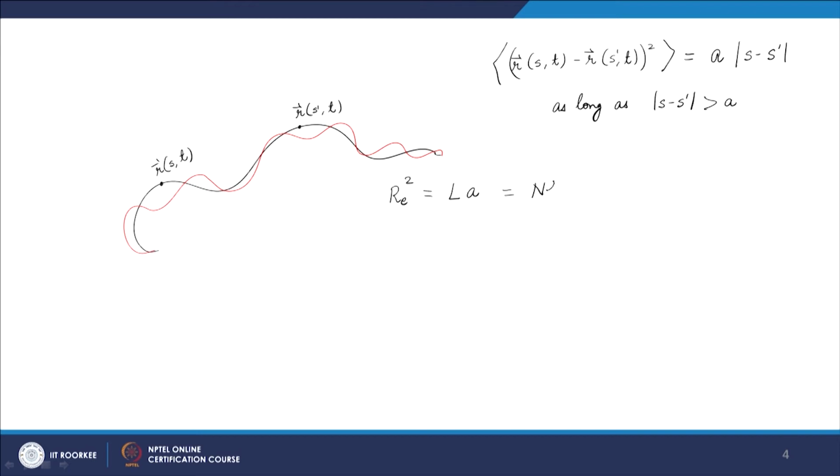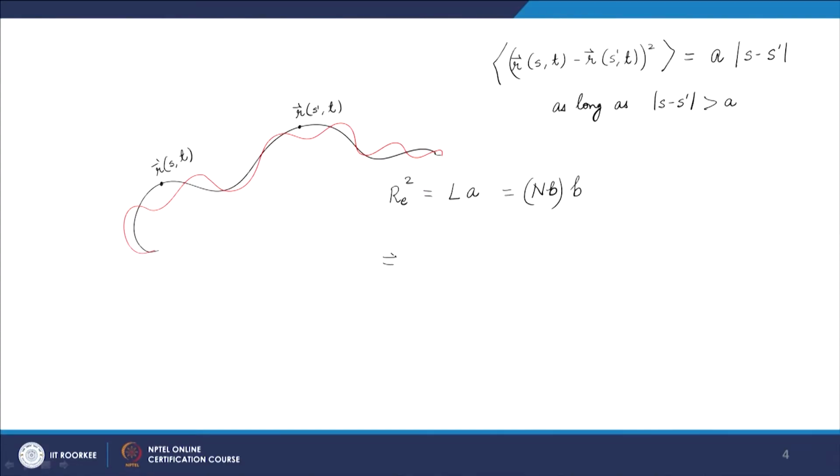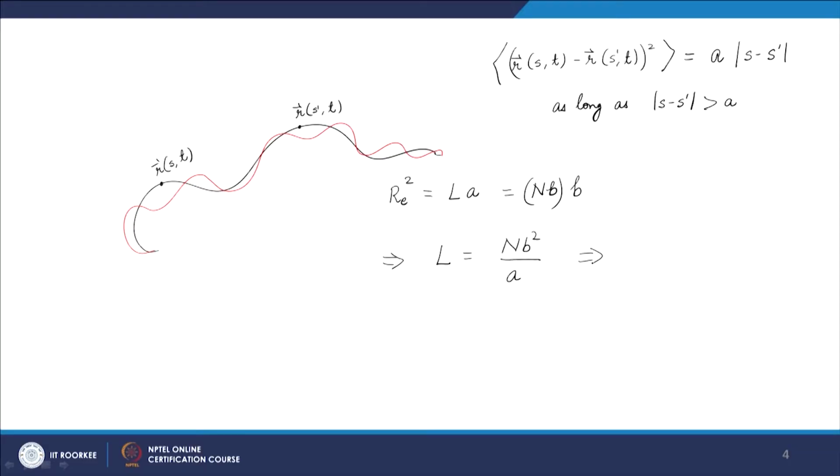So, this is equal to the actual contour length of the polymer chain multiplied by the Kuhn length multiplied by b, and therefore, we can get L as simply N b squared by A. So, this provides us a way to find the parameter A in the model.